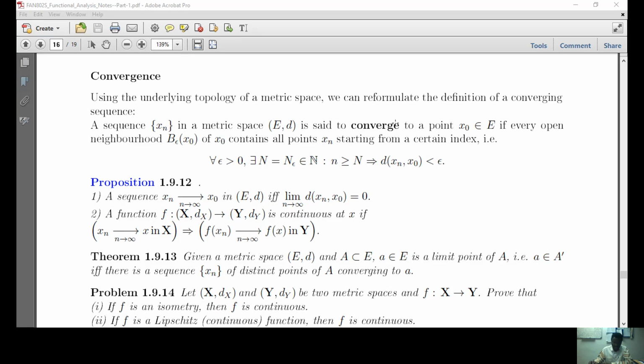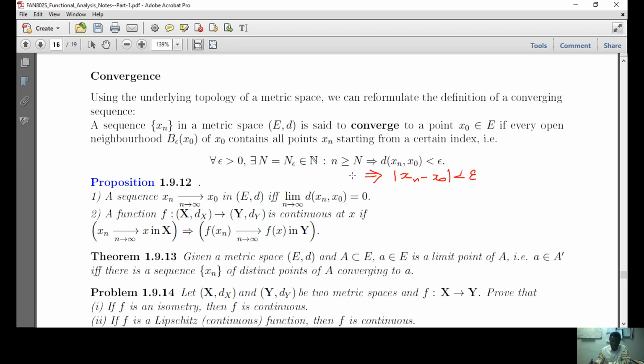Okay, let me write it for R. In R, this is what you will say. This implies that the distance, the absolute value of X minus X0, is less than epsilon.